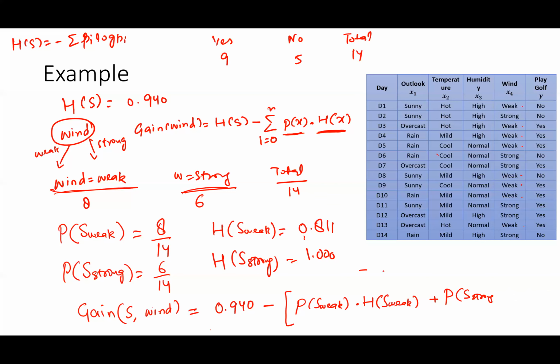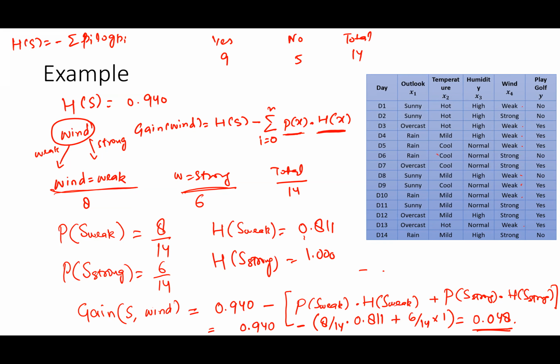Sorry, this is the information gain. That is equal to 0.940 minus 8 by 14 times 0.811 plus 6 by 14 multiplied by 1, and that finally comes out to be equal to 0.048. This is the information gain which we have when we select the wind attribute.